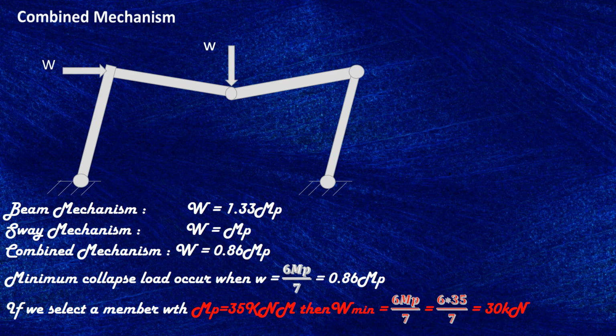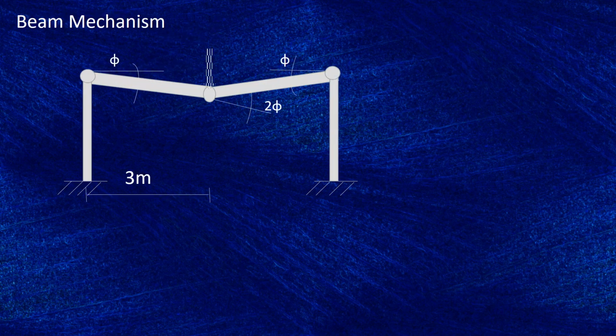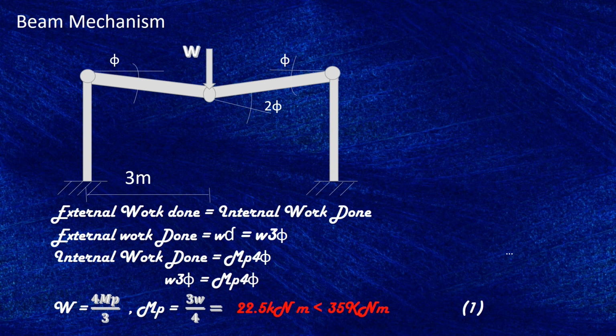Here, collapse happens when we only apply the two loads together. If we separate them, we're not going to get a collapse. Let's see what is going to happen. For beam mechanism, W is equal to 30. When we work out the moment that is caused by this load, it is less than MP, so 22.5 kilonewton meter, which is less than 35 kilonewton meter, which means this load is not going to cause collapse under vertical load only.